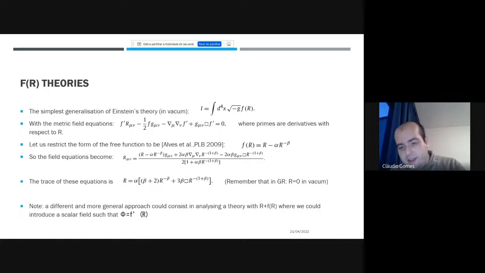Okay, and we will see it. Or we can, for instance, try to separate things and say that the action functional is R plus f(R), in the sense that we are really looking into in what ways, which new physics, the inclusion of this extra term, more curvature or less curvature, will be different from general relativity.